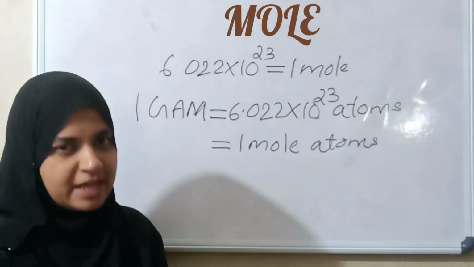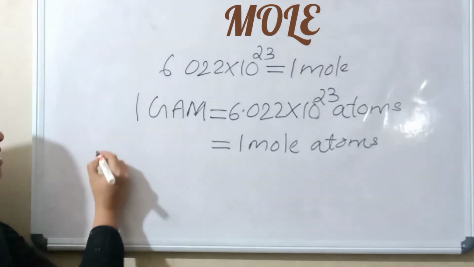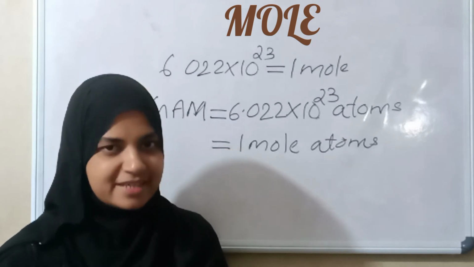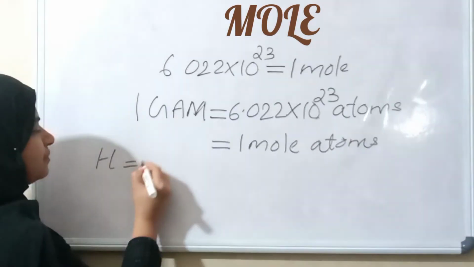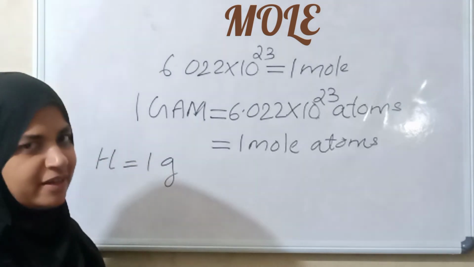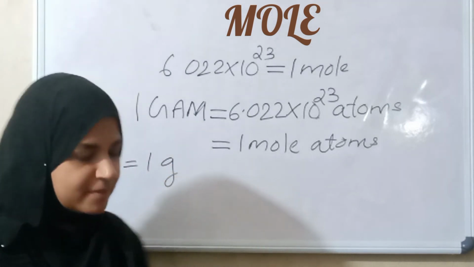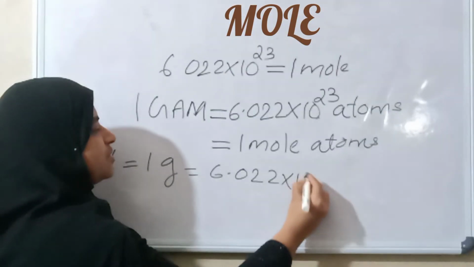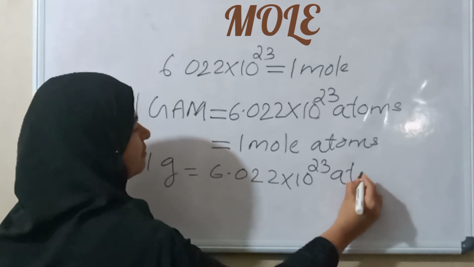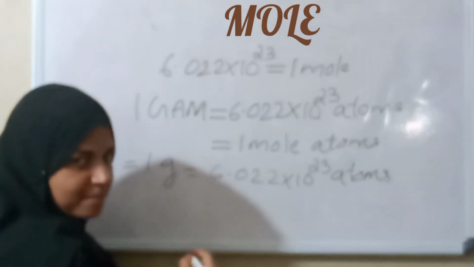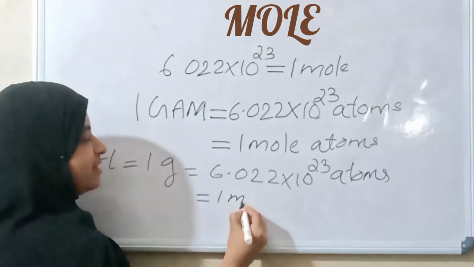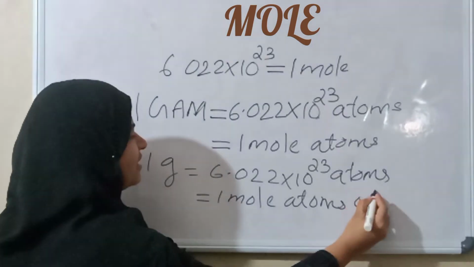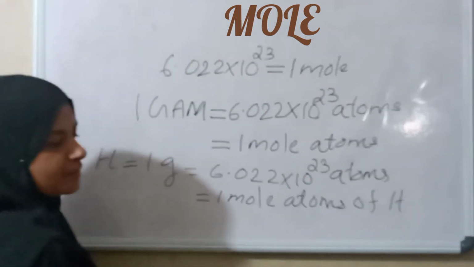Then another example, hydrogen. What is the GAM of hydrogen? Yes, 1 gram. Then 1 gram contains how many atoms? Yes, 6.022 × 10^23 atoms. This can be written as 1 mole of atoms of hydrogen. Do you follow me?